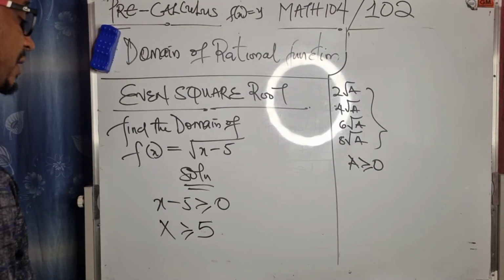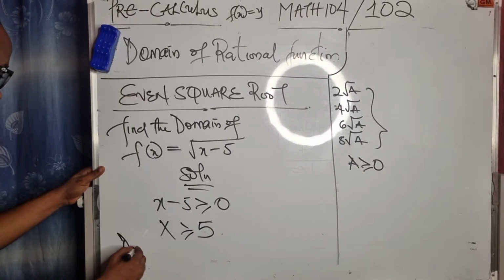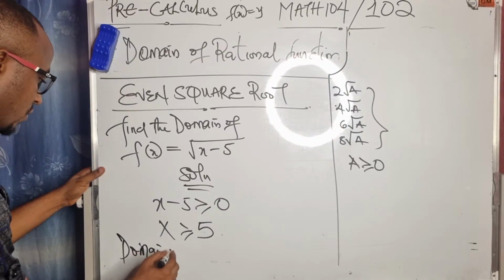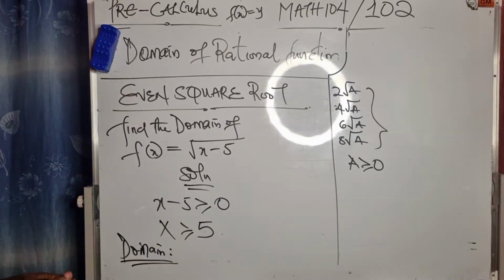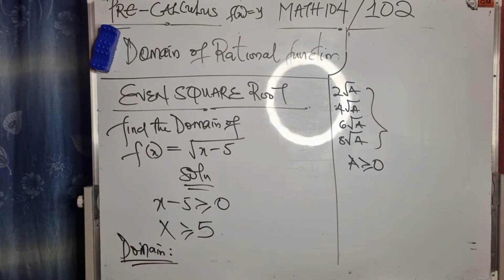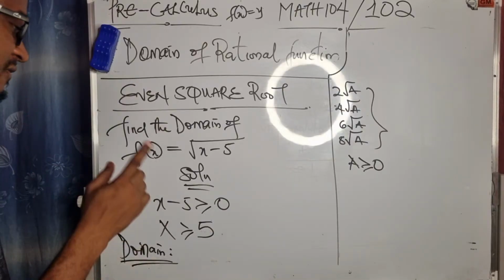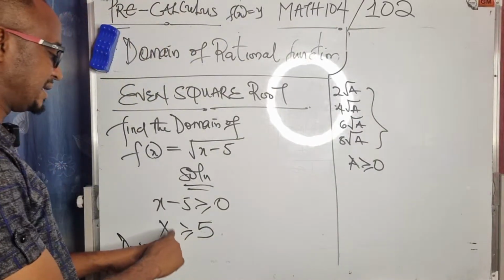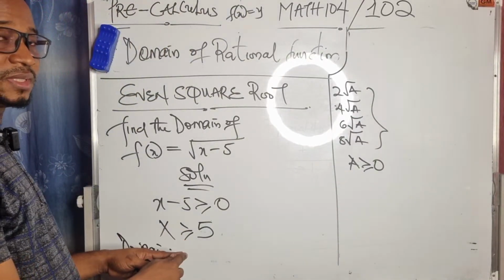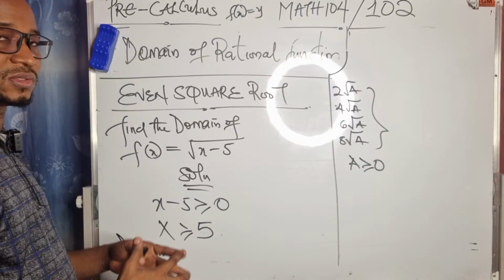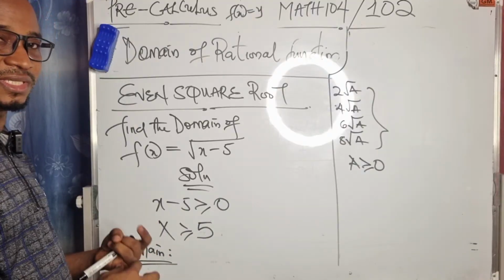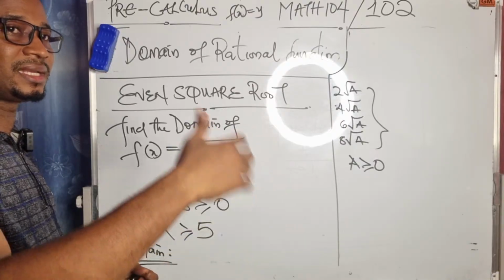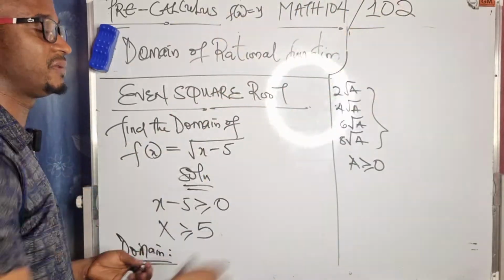So that means our domain will be all values of x that start from 5 down to positive infinity. x greater than or equal to 5 means the numbers greater than or equal to 5: 5 itself is included, 6, 7, 8, 9, 10, 11, 12, down to positive infinity.